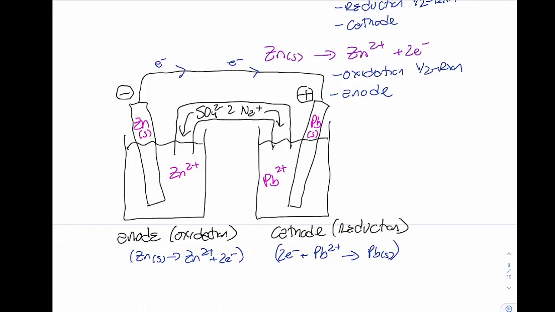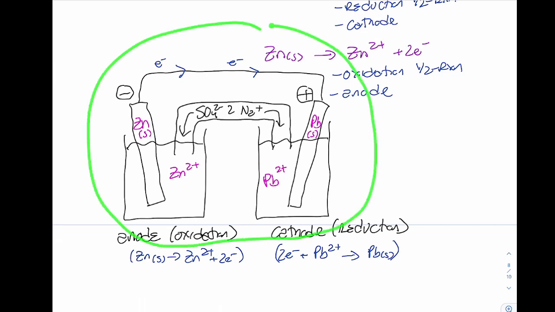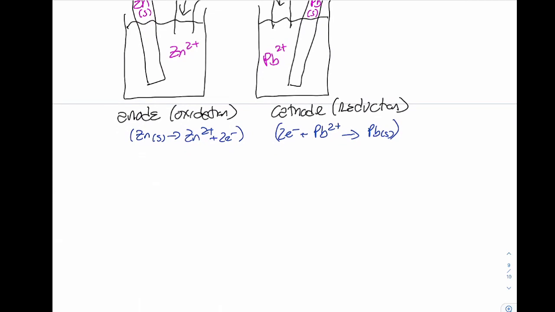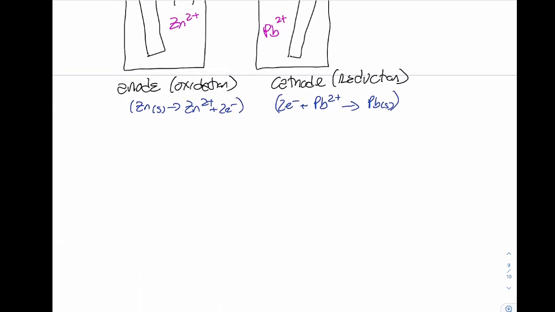So I want to talk about shorthand notation for galvanic cells next. Well, after you've gotten used to it and drawn a few, this doesn't take very long. It's kind of annoying to draw that every time you want to represent a galvanic cell. So we do have some shorthand notation, and I'm going to leave a little bit of space because I'm going to go back up and draw the shorthand notation for that one.